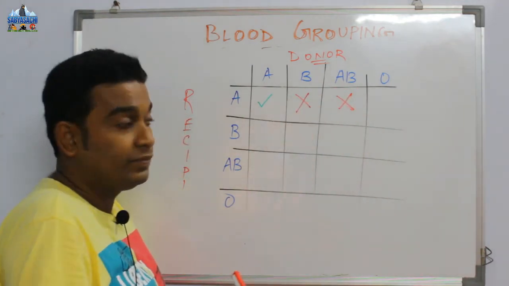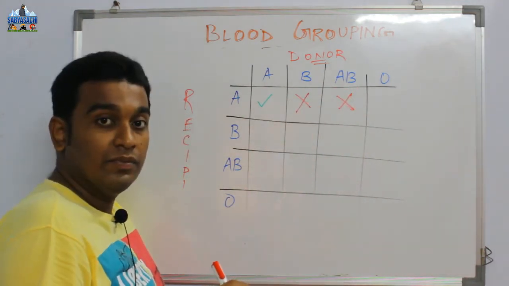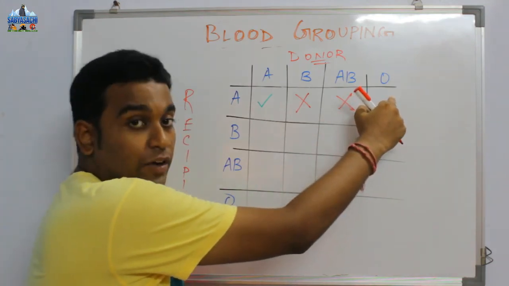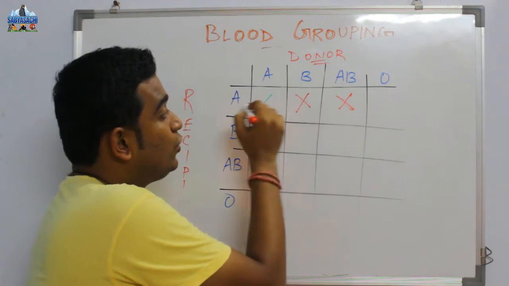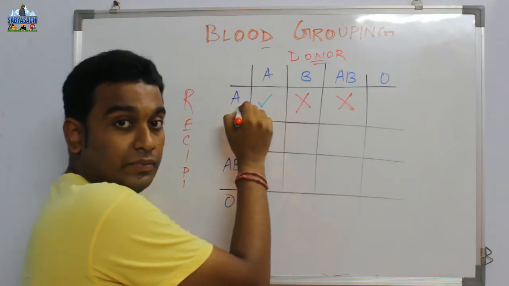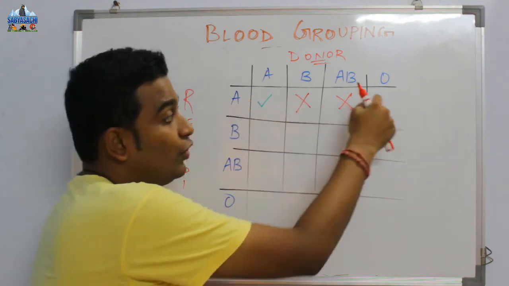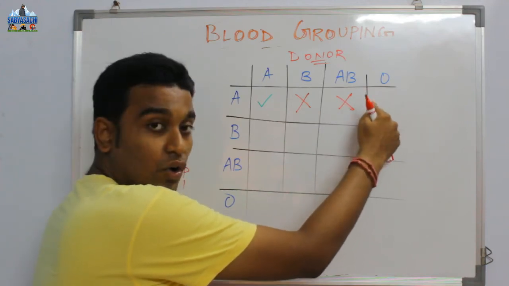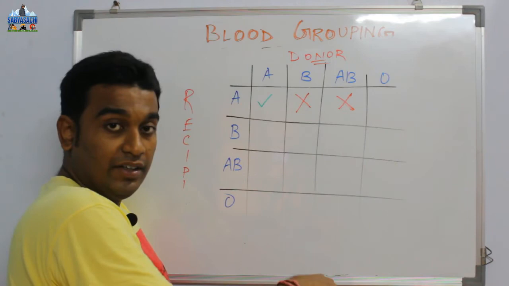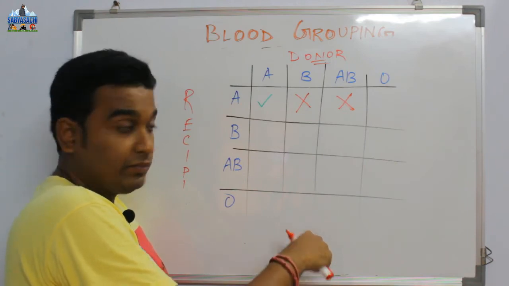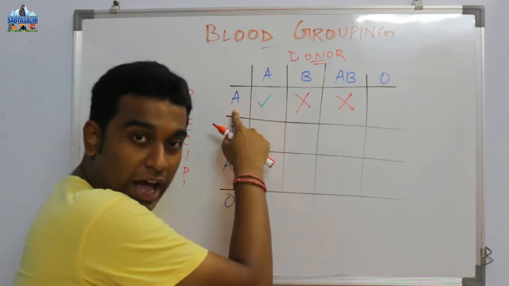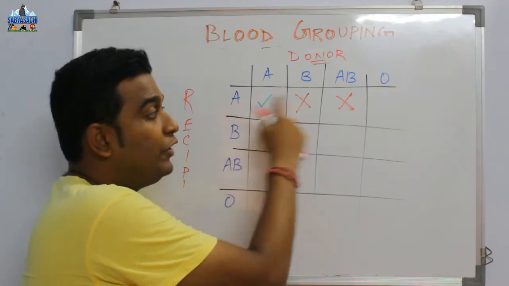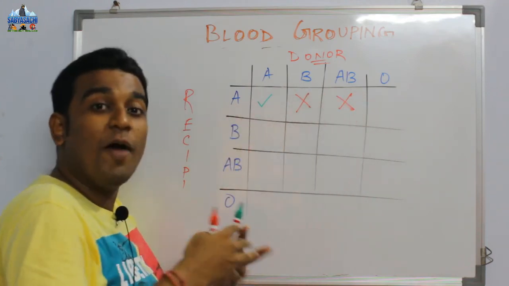O. If O blood group is being donated to the A, since O does not have any antigen on its surface, no matter what antibody you have, how will it be possible to create a clump?